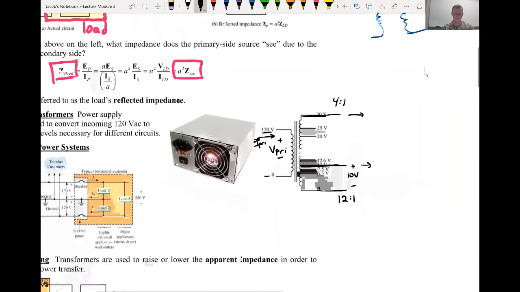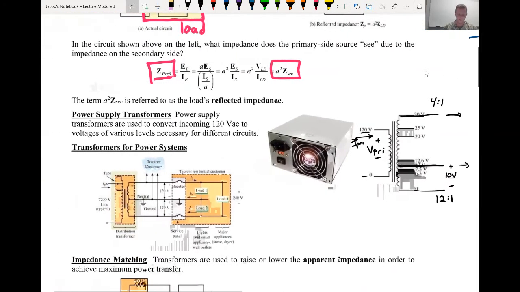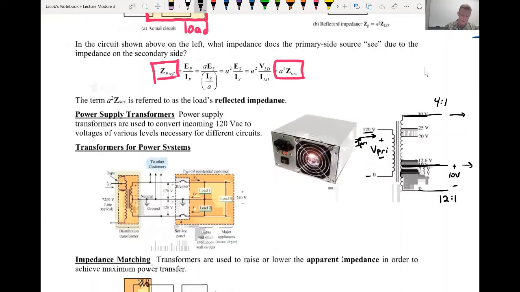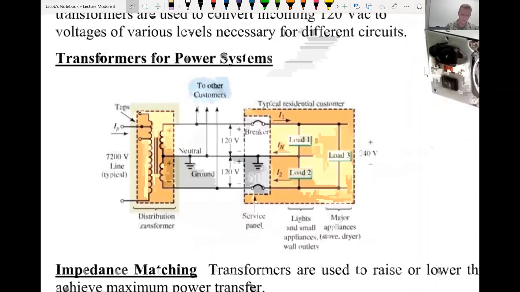That's a practical application. And as we talked about in class, we use transformers all the time, specifically for transmission systems. And so here's just a typical panel. It looks maybe a little bit crazy, but we have this high voltage, 7200, and then it's going to go down to 240 across both of these, right? We have 120 here and 120 here, and that's pretty typical.